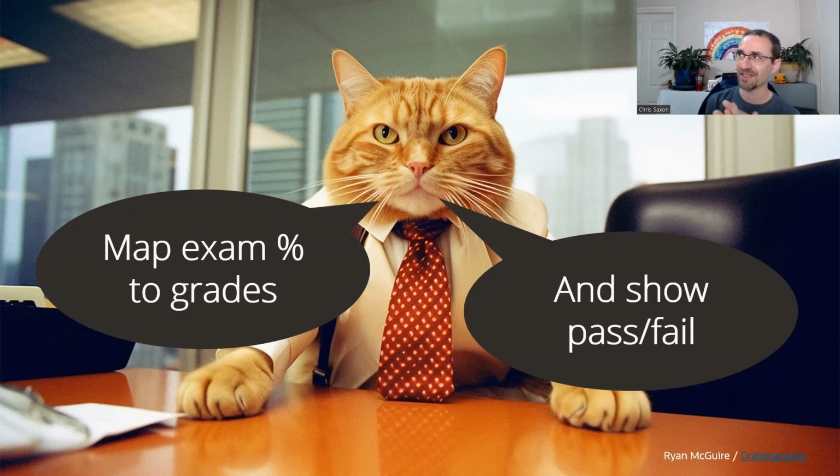Generally speaking, in the UK, A to C is considered a pass. Anything under that is considered a fail. It's not strictly so, but certainly employers would always be looking for C or higher as exam results for English, maths, that kind of thing. So we've got two values that we want to return here, the letter and pass/fail.